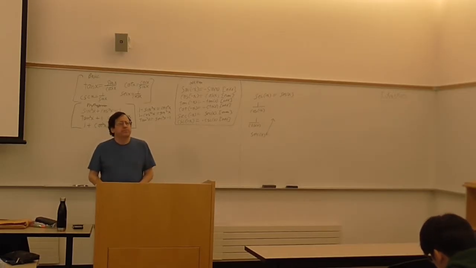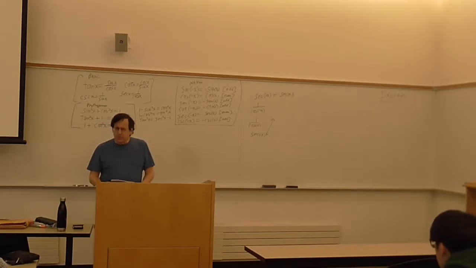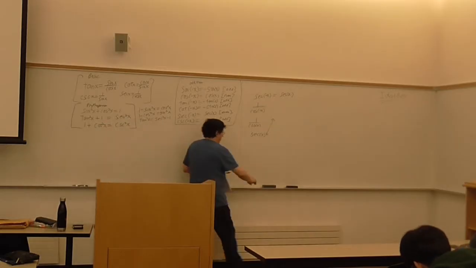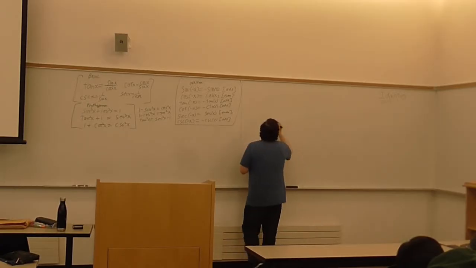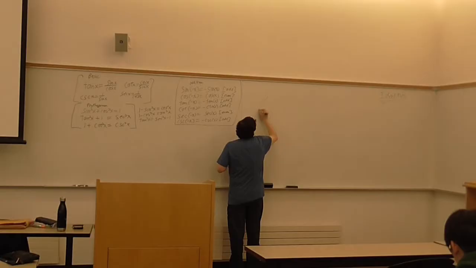All right. There's one more set of identities we're going to look at, fundamental kind of identities. I think we've looked at these before, but we're going to go back to the triangle definition of trig functions.